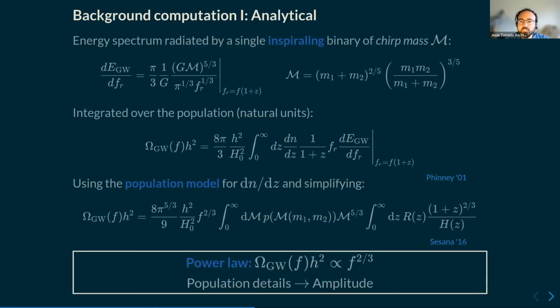As for the analytical calculation, this is known since a long time ago. As simple as, and if we are talking about the spiraling phase, of course, because this would be slightly different, so the formulas would be different, in particular for the amount of energy radiated by a single binary. So this would be different in a merging event, but in a spiraling event, it was computed already in 2001 by Finn.